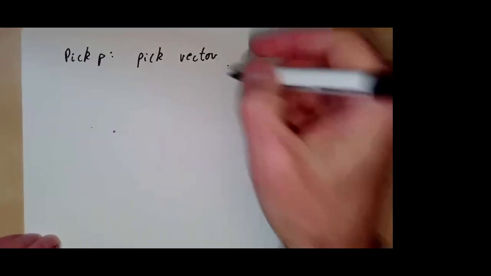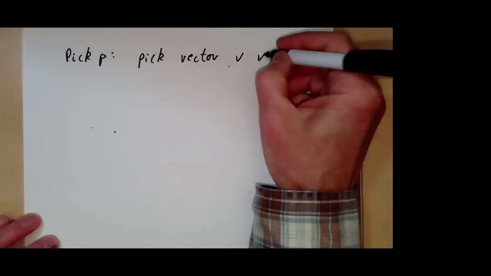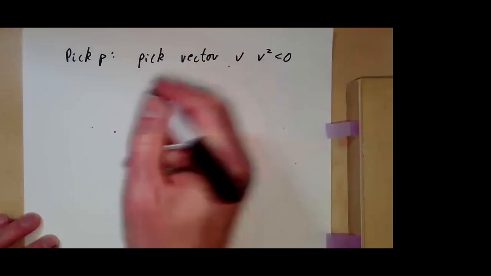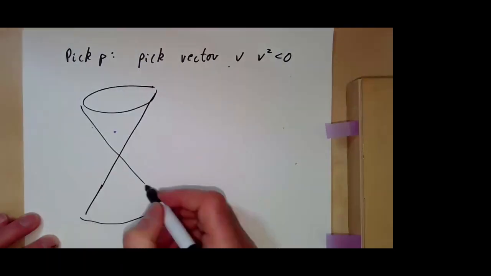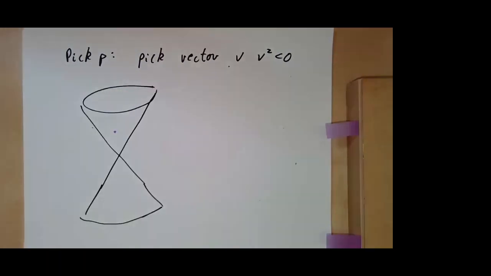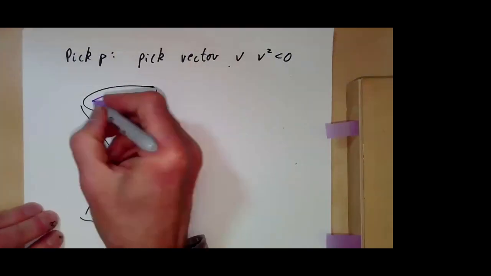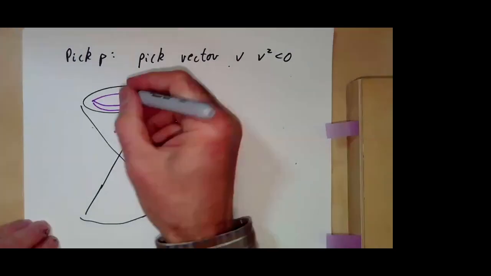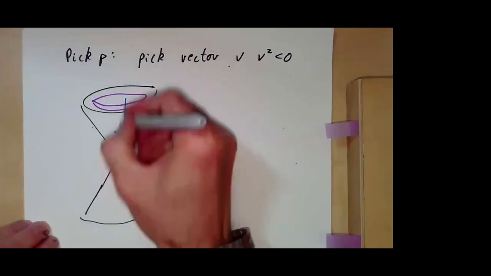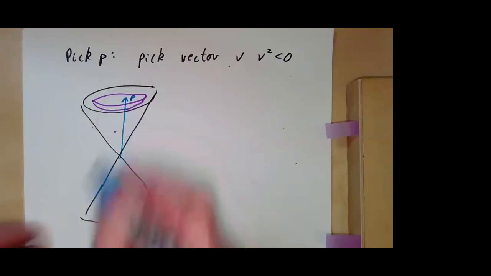So picking a point P means you just pick a vector V with V squared less than 0. So in terms of the picture I had earlier, we have hyperbolic space living here, and P is going to be some sort of vector here that lies in the hyperbolic space.